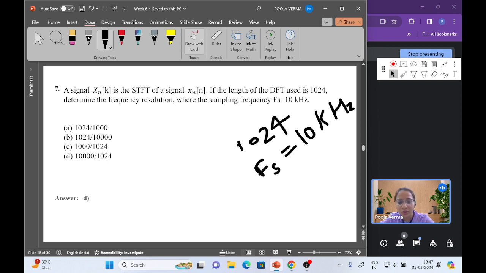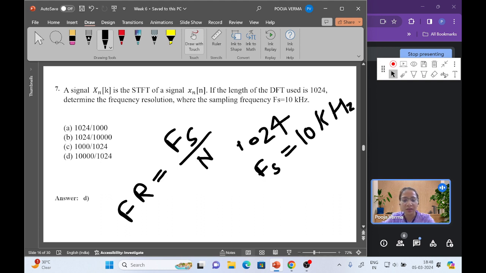The frequency resolution, FR, is found by the formula Fs divided by the length of the DFT, N, or if it is a window function, then the length of that window function. Fs is given as 10 kilohertz, or 10,000, divided by 1024.